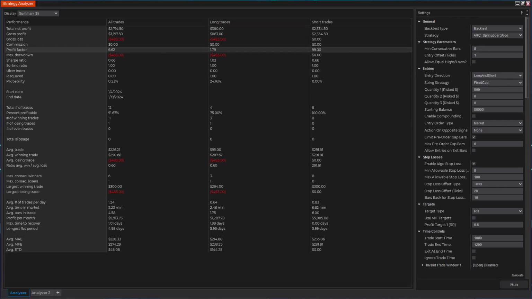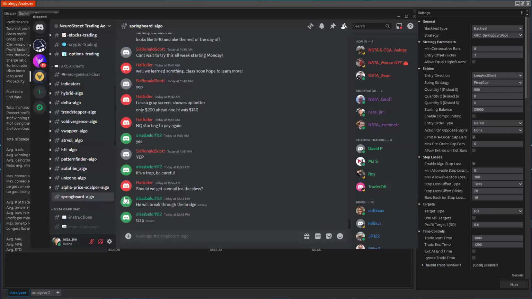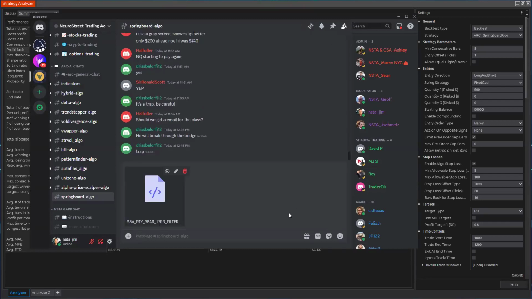So I'm going to go into Discord now and post what we just worked on. A lot of notes in here going around. Cool. Let me paste this in here. So if you go to Springboard Algo, this is where I'm going to paste it. Okay, incoming.